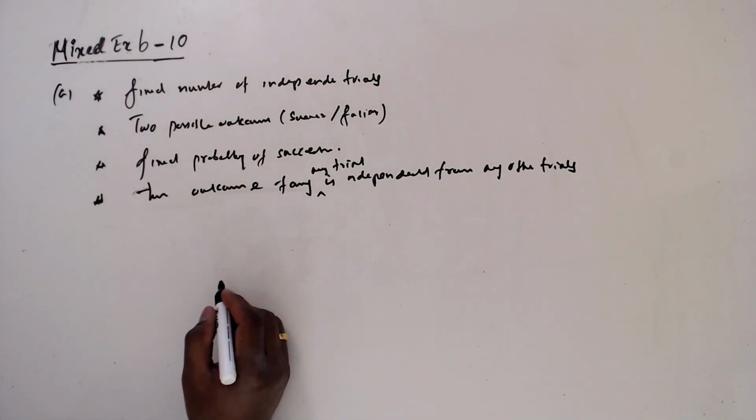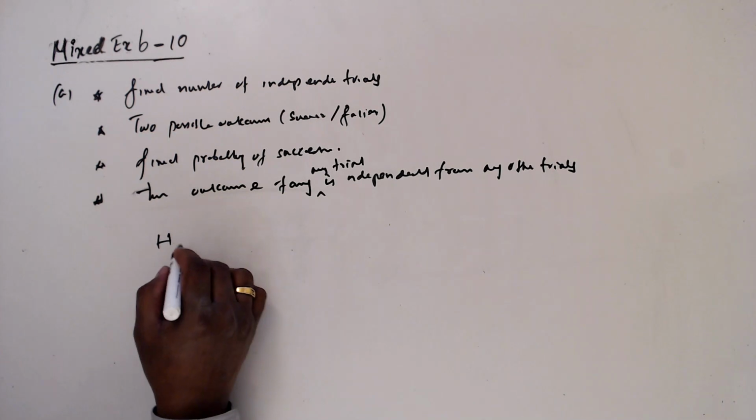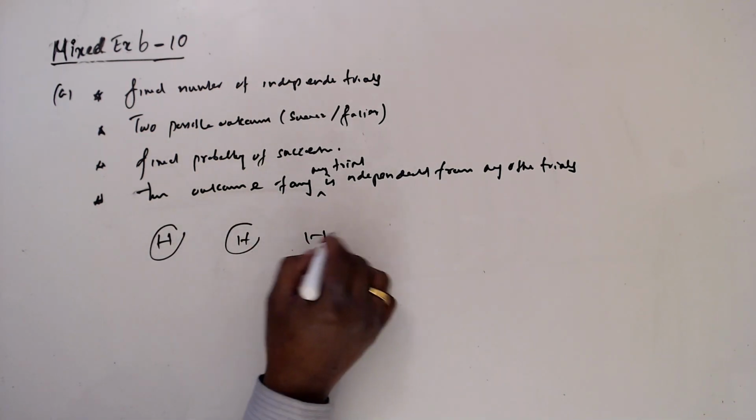Just to revise: assume you toss a coin 3 times, first time, second time, third time.